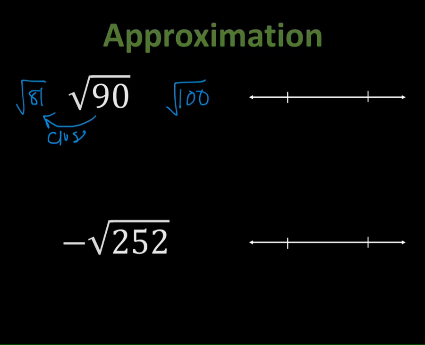Barely closer to the square root of 81. It's 9 away, the other was 10 away. So when I look at my square roots on the number line, square root of 81 is 9, square root of 100 is 10. And square root of 90 is barely closer to 9. So I would say the square root of 90 is approximately 9. That would be my answer.